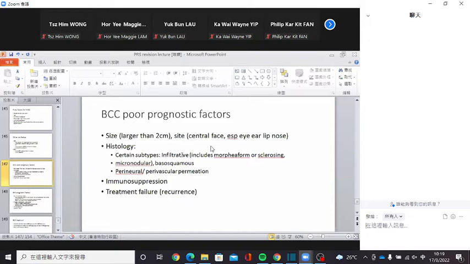If the patient is on long-term immunosuppression, or if it is already a recurrent lesion, then it also poses a poor prognostic effect on your patient.